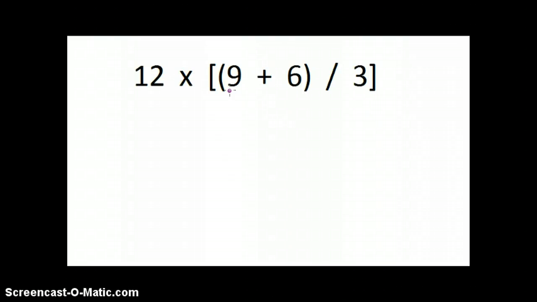Give you a couple seconds. Alright, so our answer here is 15. You got that? And so now it's divided by 3. Since we're all in these brackets, we're not going to bring down the 12, just 3. And then these brackets magically change to parentheses.